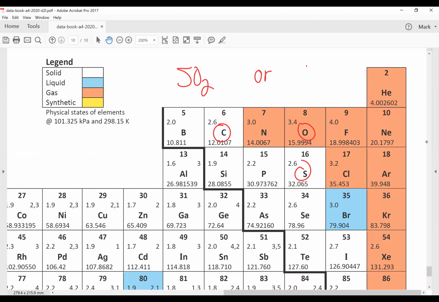SO2 or CS2. So I'm going to ask you guys right now in the chat, which molecule has more electrons? Which total molecule has more total electrons? You guys tell me in the chat.